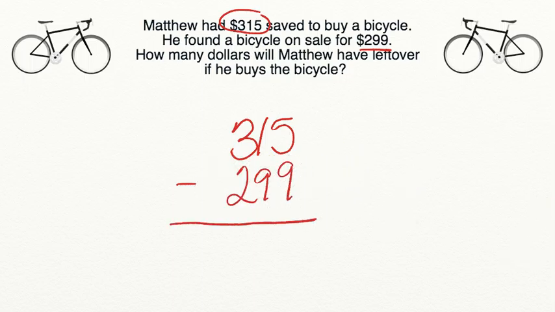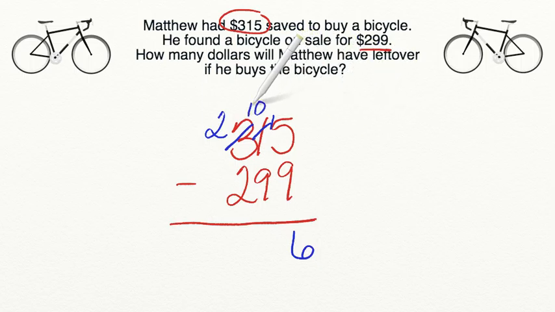All right, let's go ahead and walk through this together. We need to subtract 9 ones, but we only have 5, which means we need to regroup our tens block and add it to our ones place. 15 minus 9 equals 6. Now when we move over to our tens place, we have to subtract 9 tens, but we have 0, which means we need to regroup our hundreds block and bring 10 of the hundreds blocks over to our tens place.